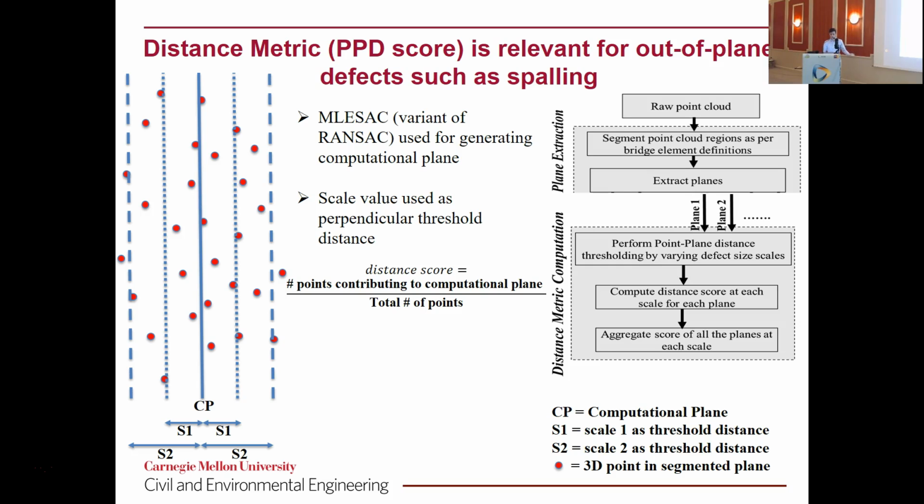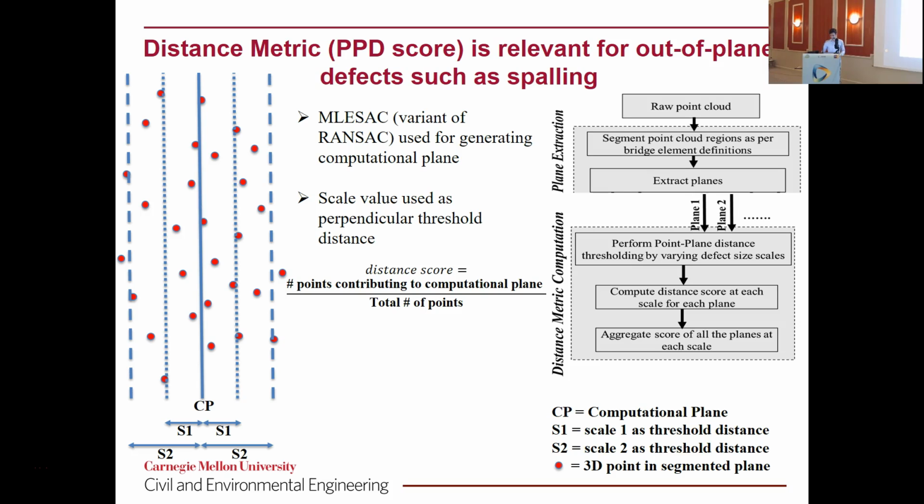And so first what we do is, after extracting the planes and once we have the 3D point clouds, we try to fit a computational plane to these 3D point planes. For this, we use the MLESAC algorithm, which is a variant of RANSAC.